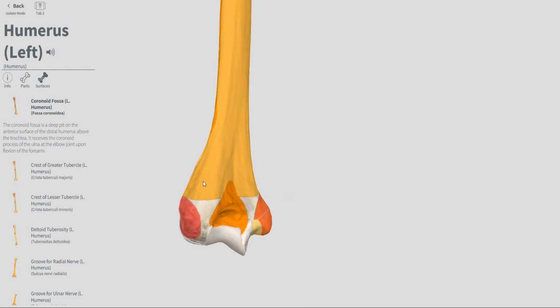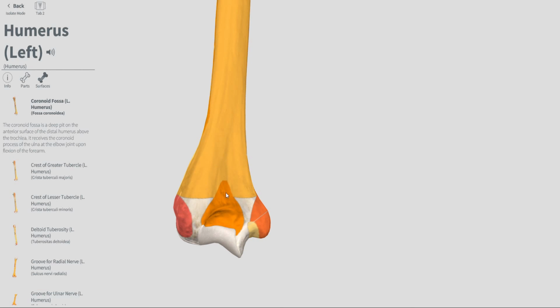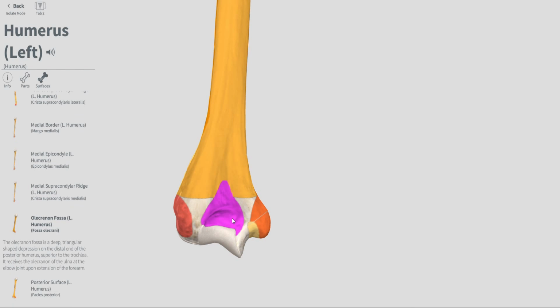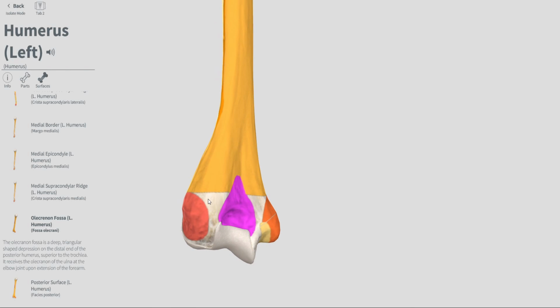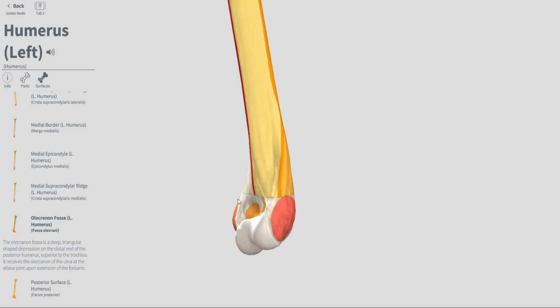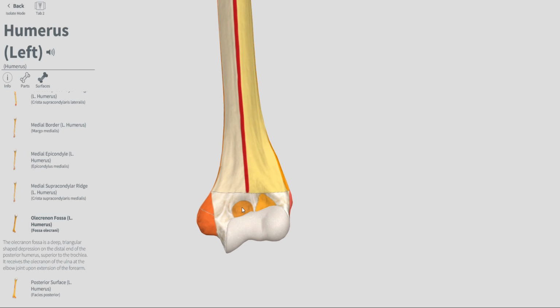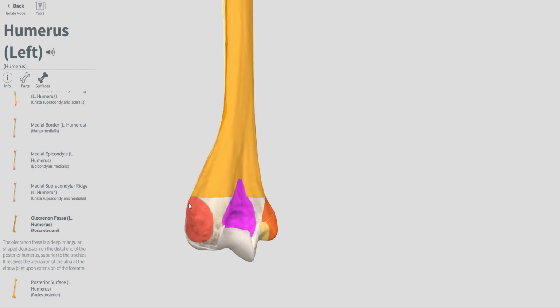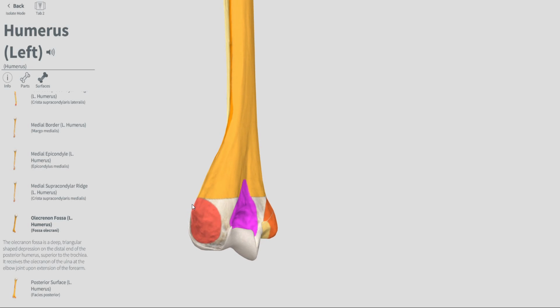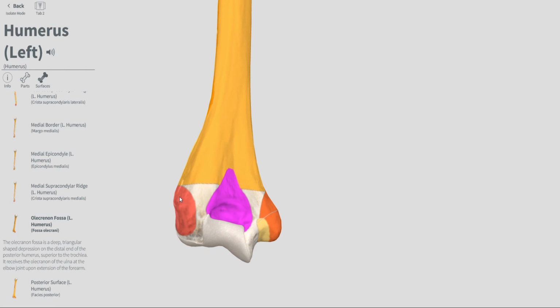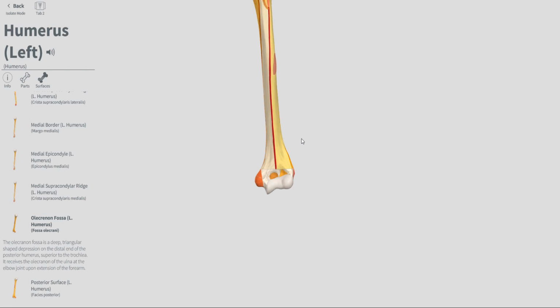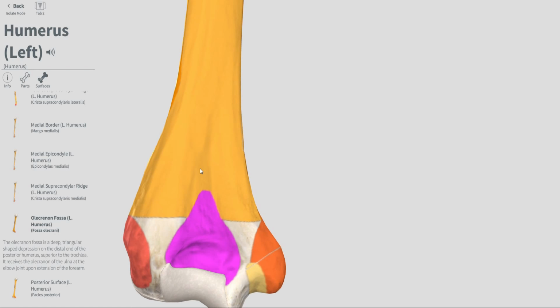Posteriorly on the humerus we have the olecranon fossa, which is basically where the olecranon process of the ulna is inserting. It's important for you to memorize that the olecranon process is from the ulna. It forms the elbow by inserting in the olecranon fossa at the posterior aspect of the humerus.